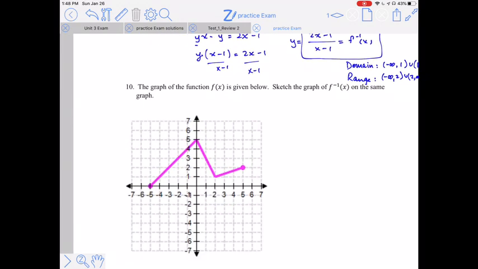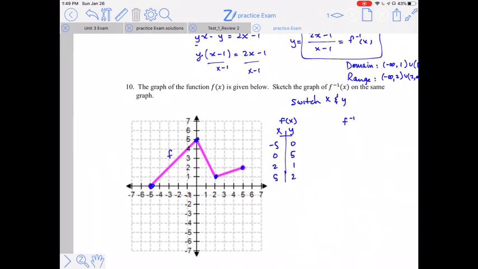All right. Finally, on question 10, we got to sketch the graph of the inverse, and it's still the same technique. We're going to switch the place of x and y. So the original function f has the following points. It has negative 5, 0. It's got 0, 5. Right here we've got 2, 1. And then here we've got 5, 2.